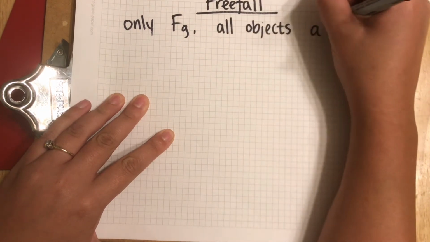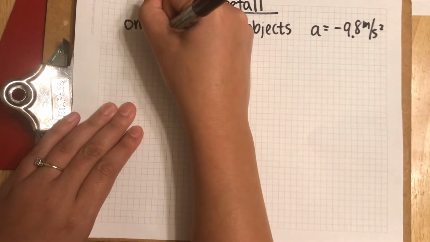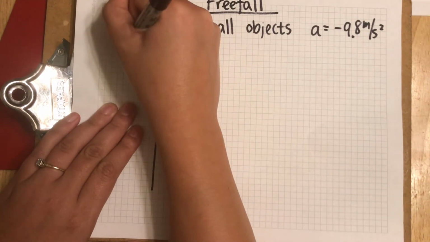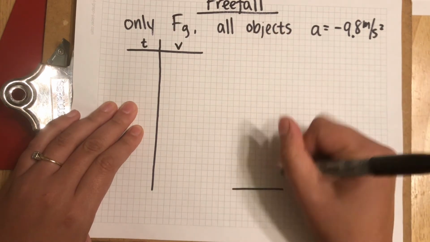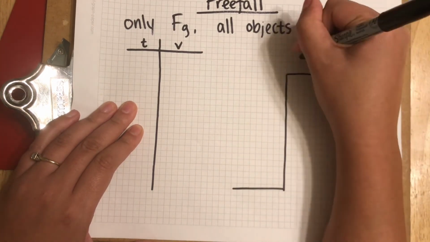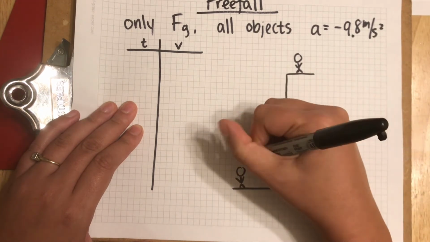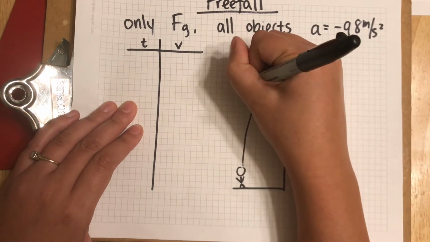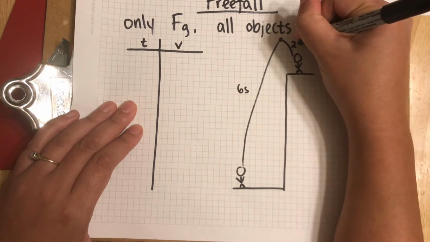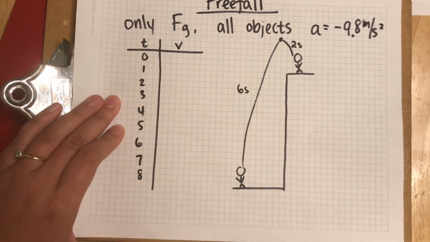Finally, free fall. For these, we were doing a very special velocity versus time graph. So to figure out how to draw the graph, I need to be given some starting information. Let's say the starting information is I'm gonna chuck as fast as I can a ball up to my friend who's on the top of this building here. And I see that it takes 6 seconds to reach the apex and 2 seconds to fall back into their hands.